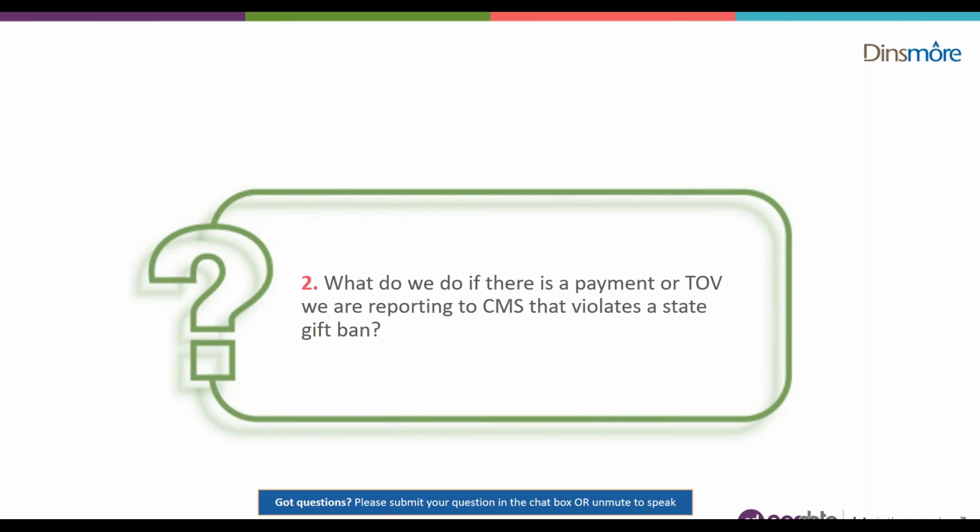The second thing is you want to loop in your legal team so that they can take a close look at the state law and the violation and the guidance from the state about reporting these violations. The departments from the various states handle these things differently. Some you can handle with a letter or some sort of disclosure. Some want you to submit it as part of your annual report.